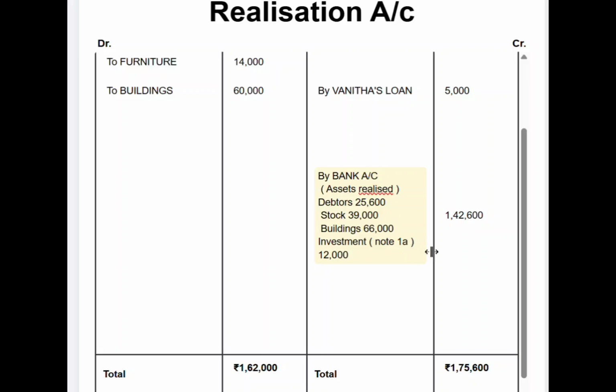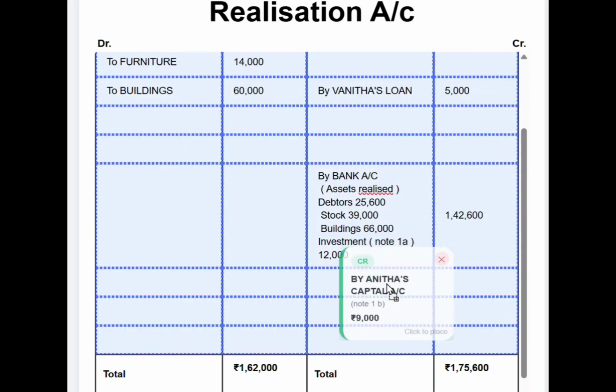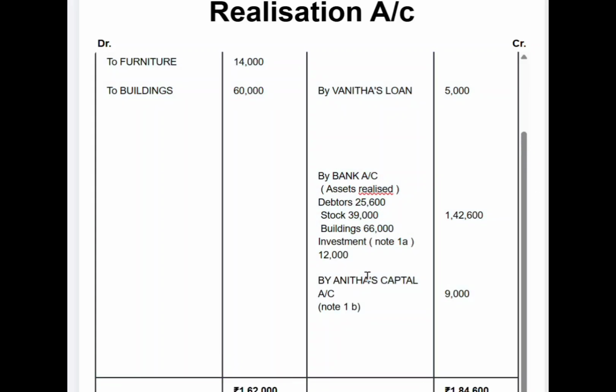So if you see here, the investments 50% is realized and the remaining 50% is taken over by the partner Anita. So Anita's capital account has to be written on the credit side of the realization account. So we are going to transfer the investment which is taken over by Anita on the credit side as by Anita's capital account.